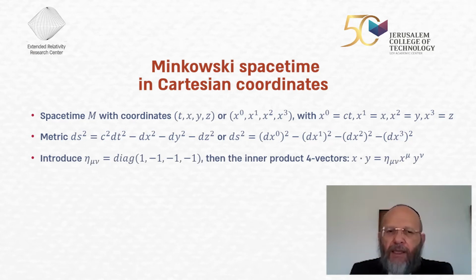To write it in tensor notation, we introduce a tensor eta with lower indices, which is a matrix with 1, minus 1, minus 1, minus 1 on the diagonal. And we can introduce an inner product, x y equals eta mu nu x mu y nu, which is bilinear, like a regular inner product, but not positive definite. In physics, positive definite is not appropriate.